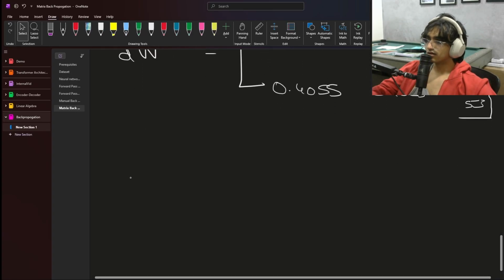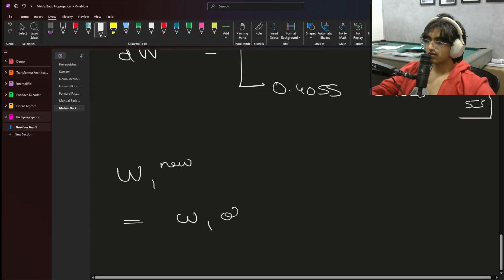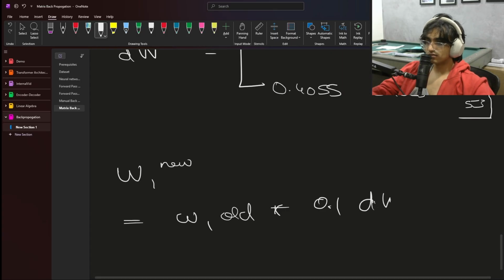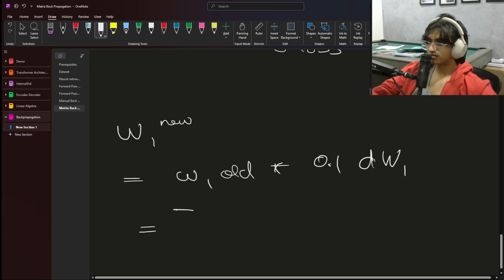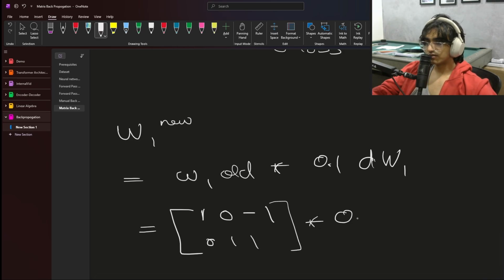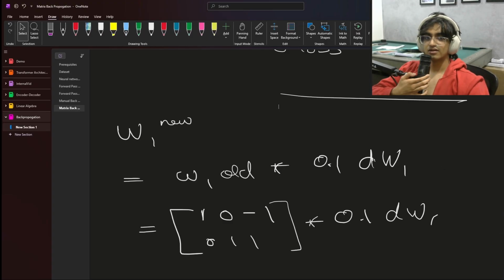So our update, our W1 new, is going to be W1 old minus 0.1 of dW1. W1 old is just going to be 1, 0, negative 1, 0, 1, 1, and 0.1 of dW1 is given here. I've already done the calculation, so I'm just going to write it out.